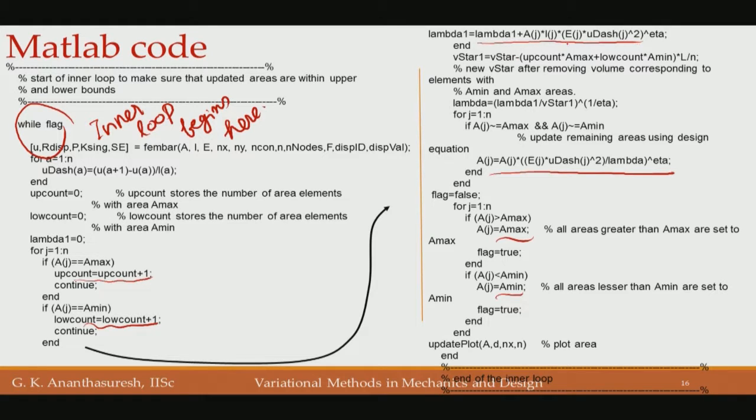Now, you have to take that lambda 1 where you are subtracting that, again it corresponds to the formula we had in the slide. So, up count and down count, we count how many elements have exceeded upper bound and hence are pushed down to upper bound, how many have exceeded lower bound and then pushed up to lower bound. All this we have to subtract from V star, the remaining ones we use to compute our lambda. So, go back and look at the slide.